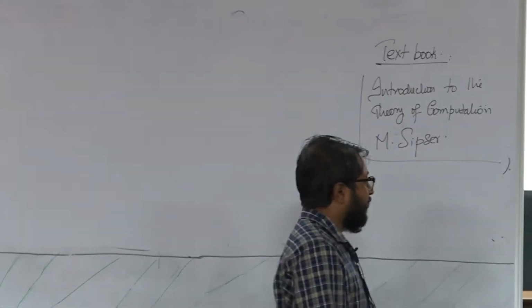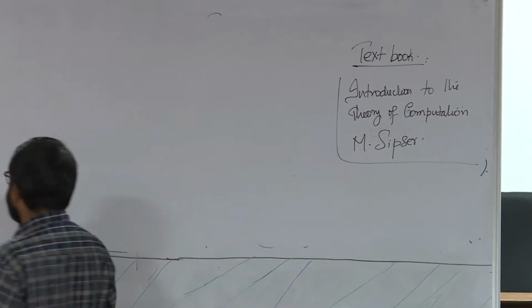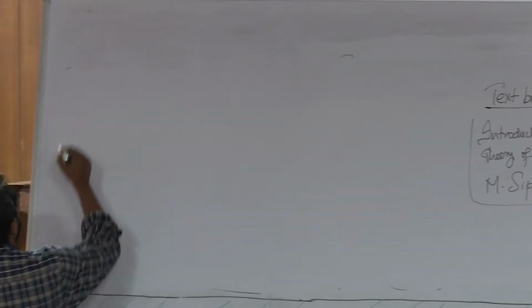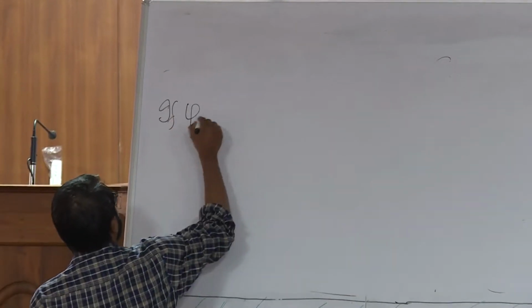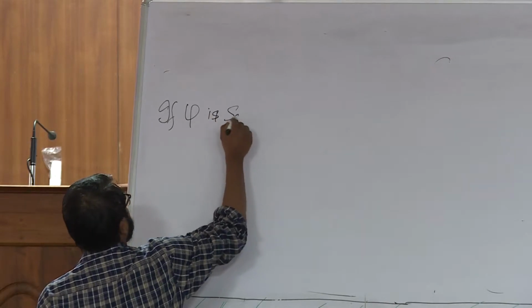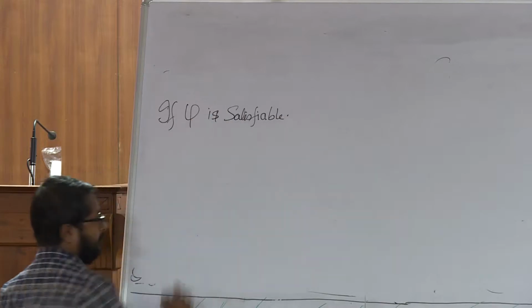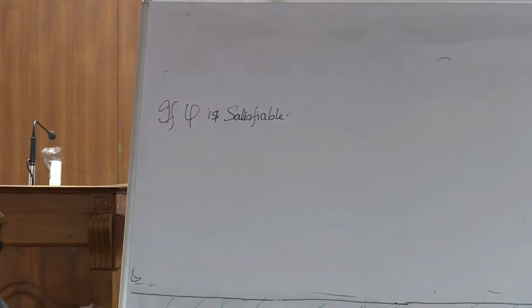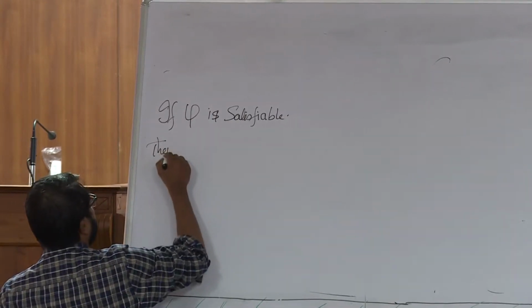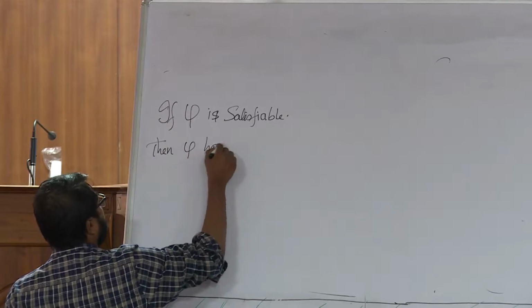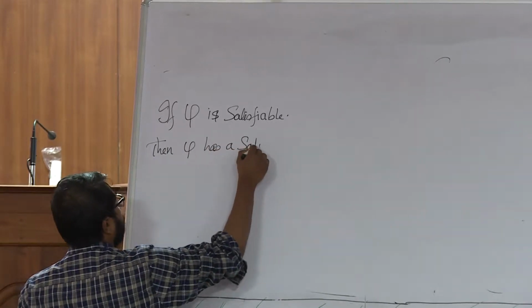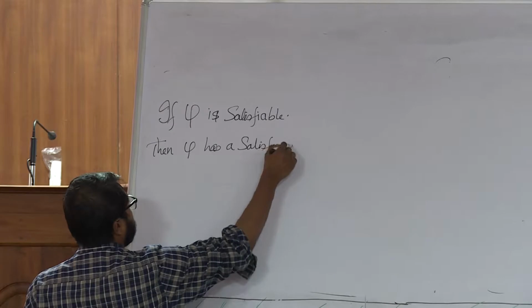All right. So if phi is satisfiable, then phi has a satisfying truth assignment.